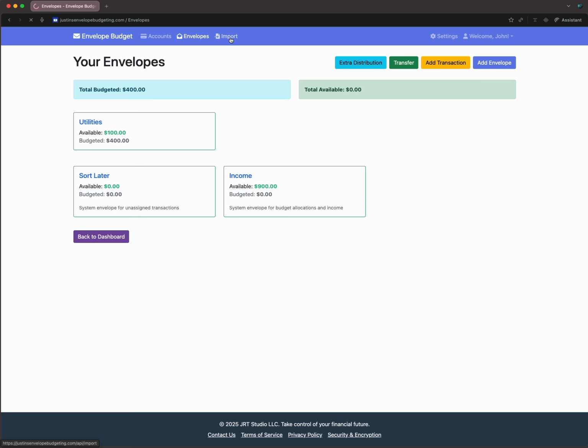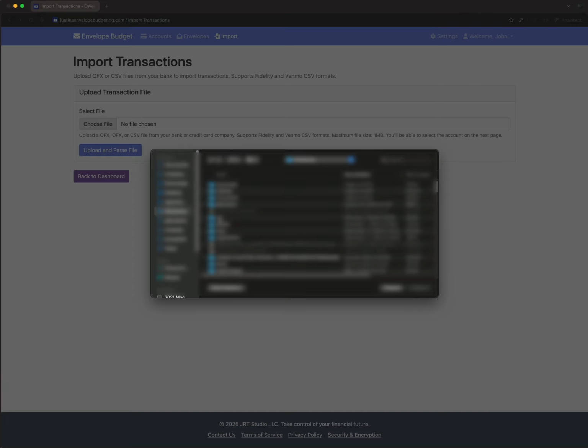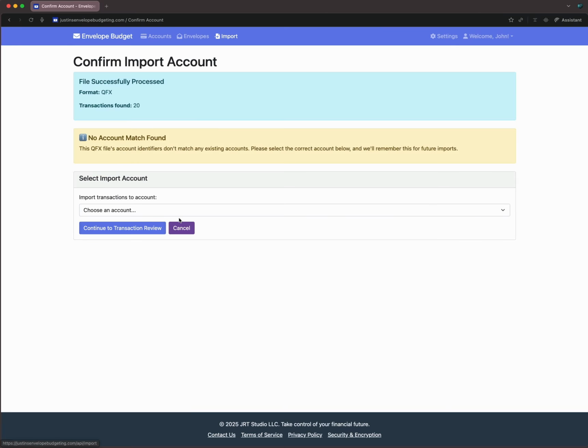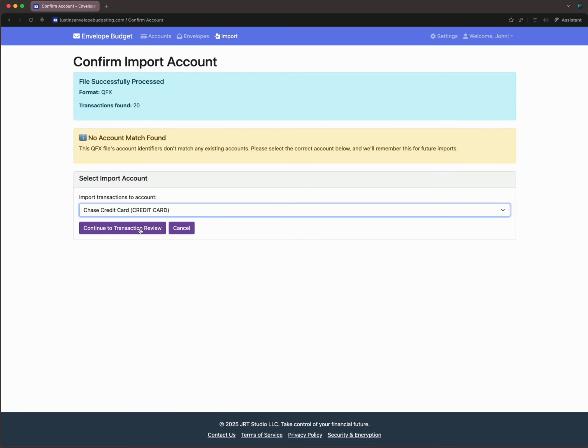And so now what we're going to do is go to import. And I have made a, where is it at? I made a demo. We're going to upload and parse it. And it found 20 transactions. And we're going to say these were credit card transactions.